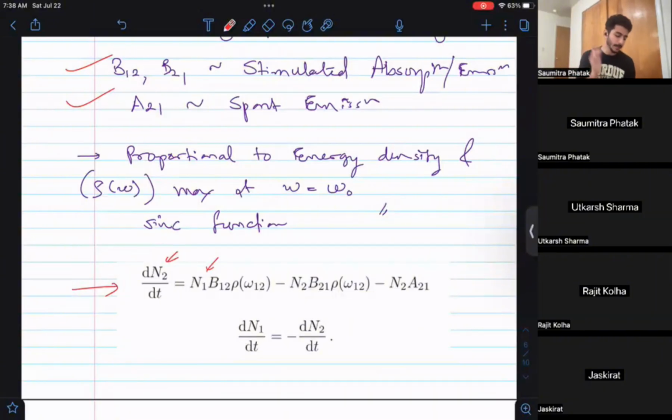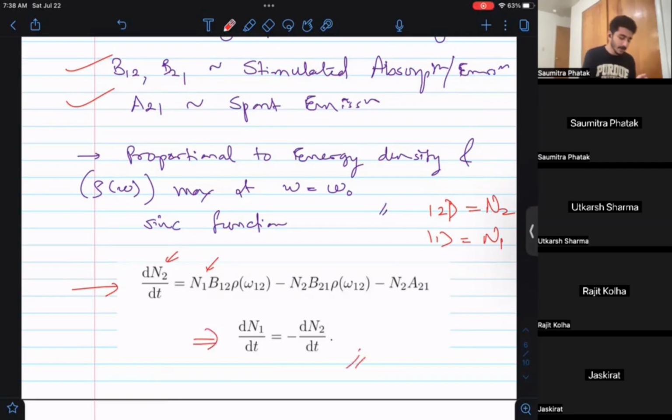So N2 is the population of the excited state, which is at the second energy level, and N1 is the population in the first energy level. So the change in population of the second energy level is the same, with opposite sign, as the change in population of the first energy level. This is the second statement.